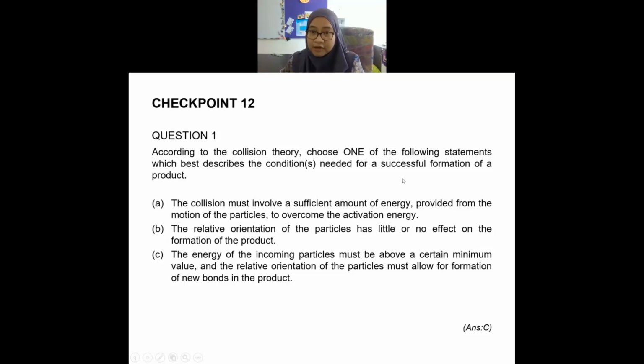In order to have a successful formation of a product, it also means an effective collision. So for an effective collision to take place, yes, the collision needs to have sufficient energy. That sufficient energy is used to overcome the EA. And one more thing, the orientation needs to be properly oriented.